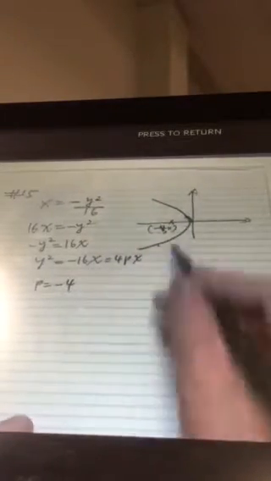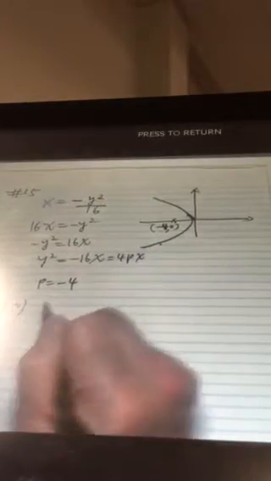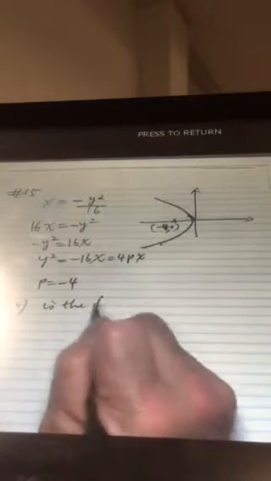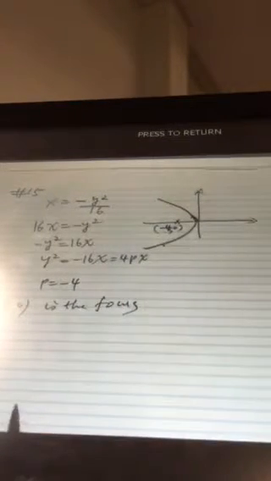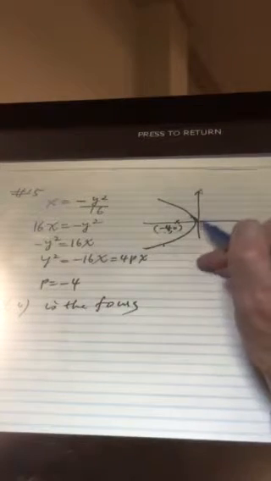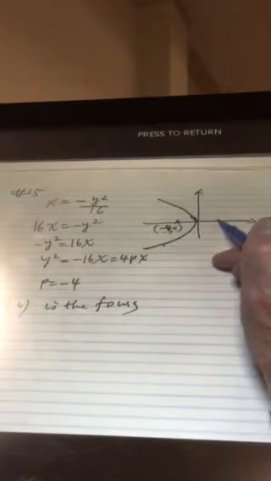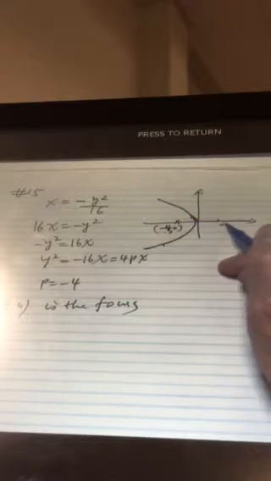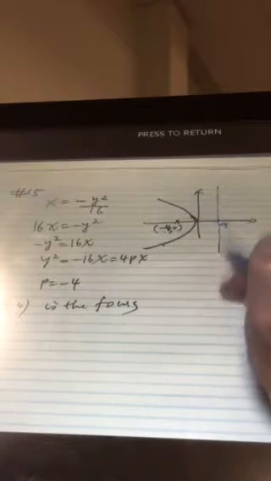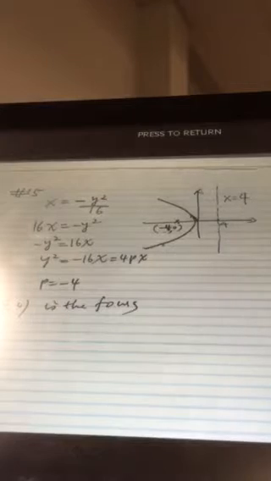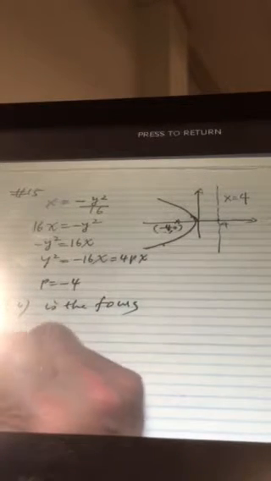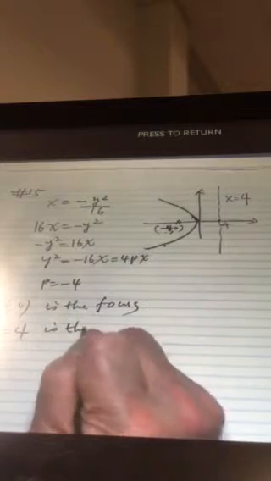Negative 4, 0 is the focus. And they ask for the directrix, right? The directrix is this one. It'll be 4 here. So x equal to 4 is the directrix.